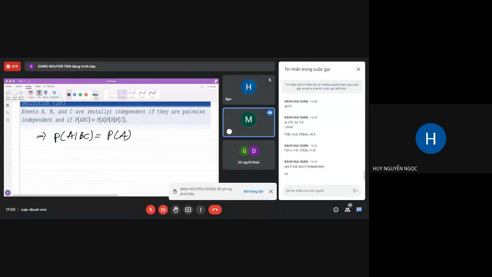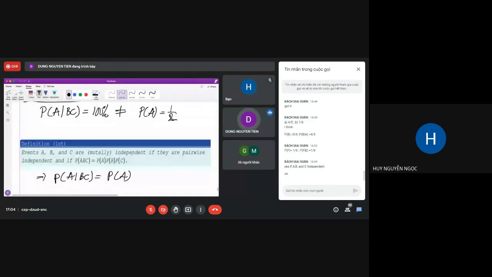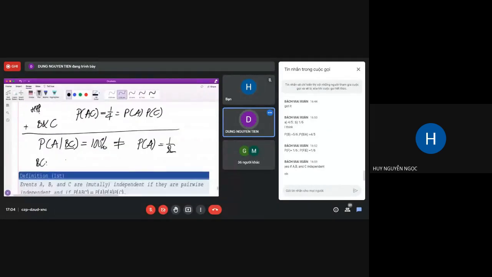Teacher, can you explain the previous equation that the probability of A given BC equals 100%? Okay. What is BC? BC is the event that the first and the second are the same, right? C is the event that the first and the second are the same. B is the event that the second is a head, right?